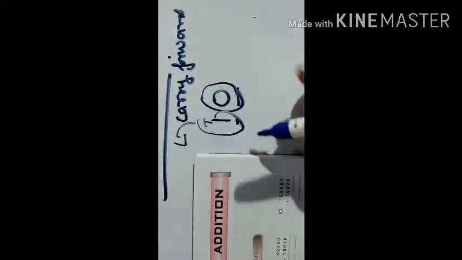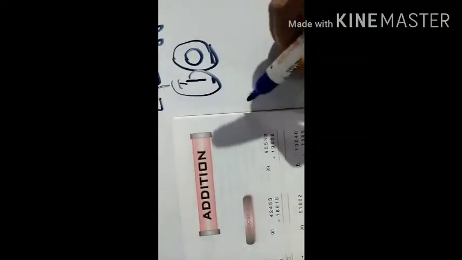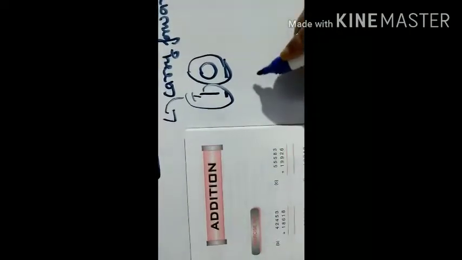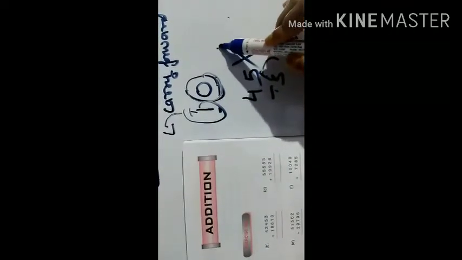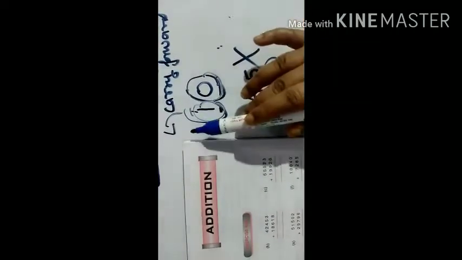This will go as a carry forward. So never make this mistake. Many times children, if the number is 45, write 4 down and carry 5. This will be wrong. You should remember that the ones place is always written down in the answer part, and the tens place moves to the carry forward.